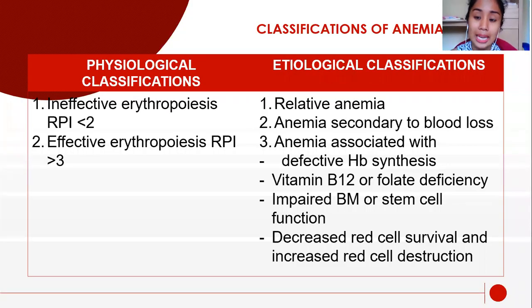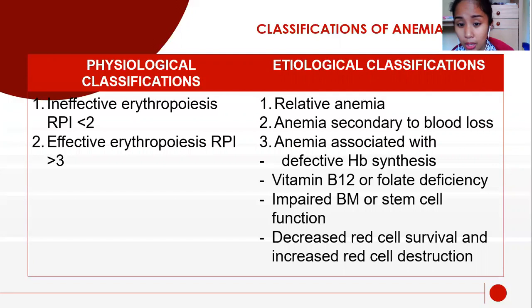Okay. So, classifications of anemia. First two, hindi na tayo mag-focus dito. Physiological classification: based on ineffective erythropoiesis or effective erythropoiesis. Next, etiological, yung source. Number 1, if it's relative, it's not really a decreased amount. Number 2, anemia secondary to blood loss.